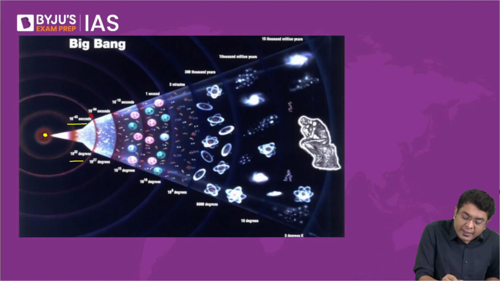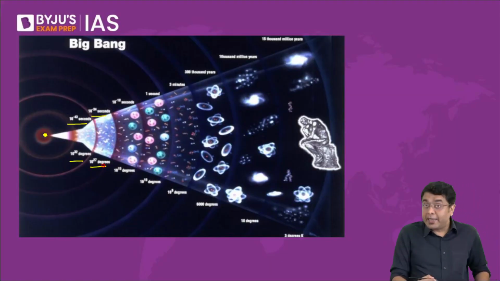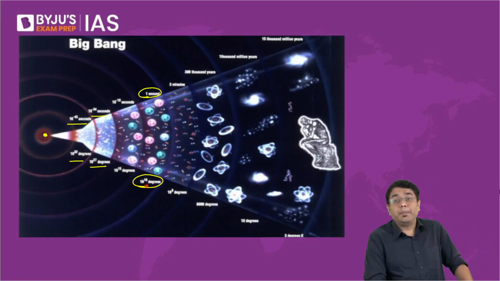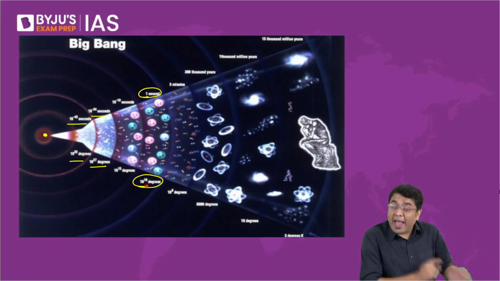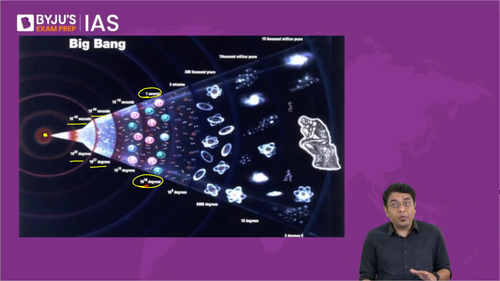Then, in 10 to the power minus 34 seconds, the temperature reduced to 10 to the power 27 degrees. And in 1 second since the Big Bang, the temperature came down to around 10 to the power 10 degrees. So as the objects were moving away, things were cooling down.